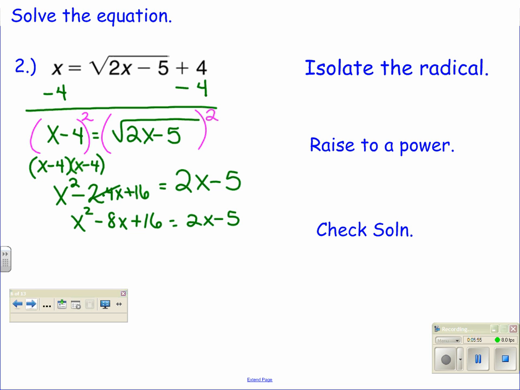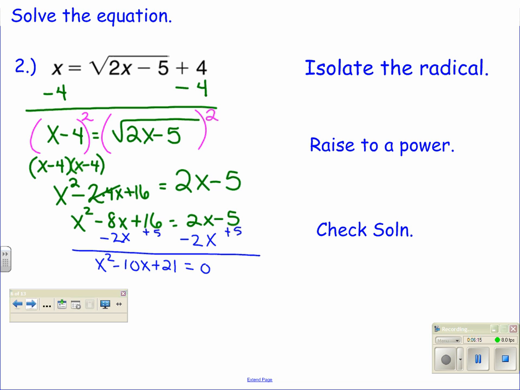And continue solving. Now we're going to work on getting everything to one side because we are at a quadratic stage. I'm also going to add 5, so I'm doing 2 steps here in one line just to keep it a little shorter. I'll have x squared minus 10x plus 21 equals 0.